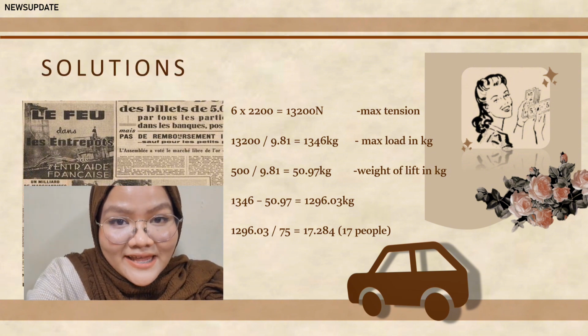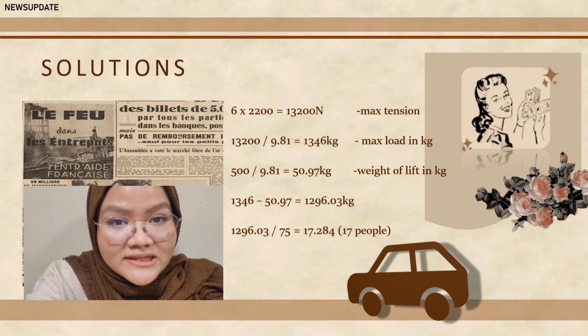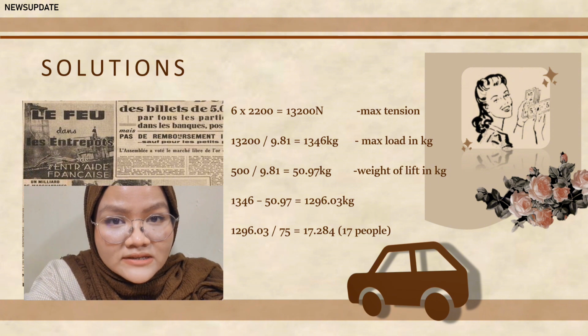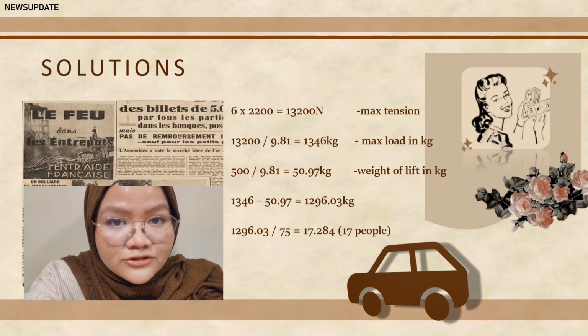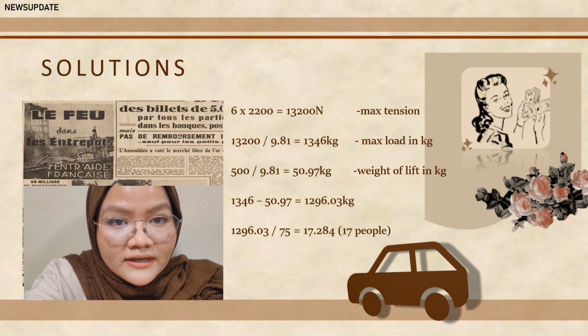Now let's get to the solution. So first we will count the max tension of the cables. Since they've given us the max tension for one cable is 2,200 Newton, we just have to multiply it by 6 for 6 cables, which will equal 13,200 Newton. And then we convert it to kilograms, so we just have to use the formula weight over gravity equals mass.